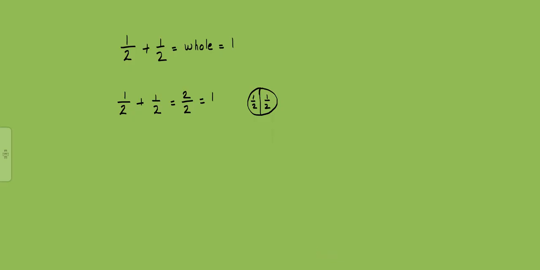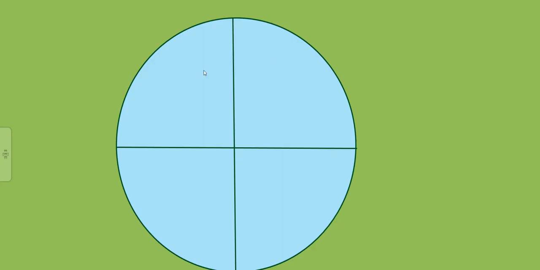Okay, let's try another example and see if this makes sense. So this circle is split into quarters. So we've got 1/4 there, we've got another quarter there, we've got another quarter there, and we've got another quarter there.